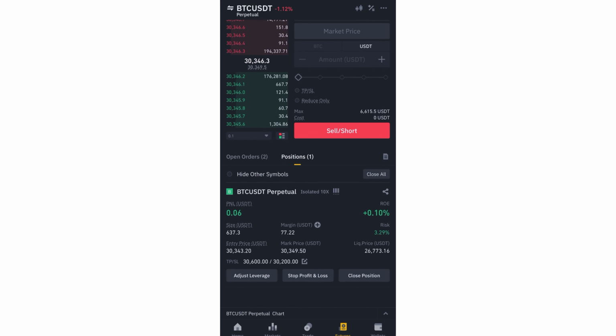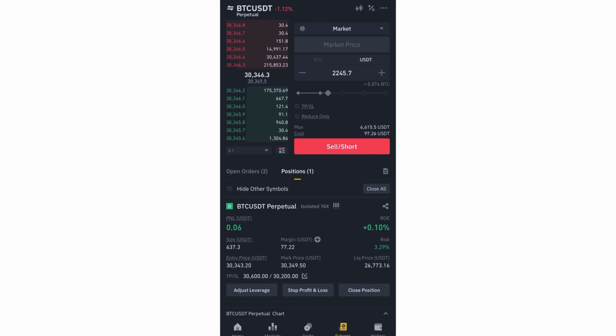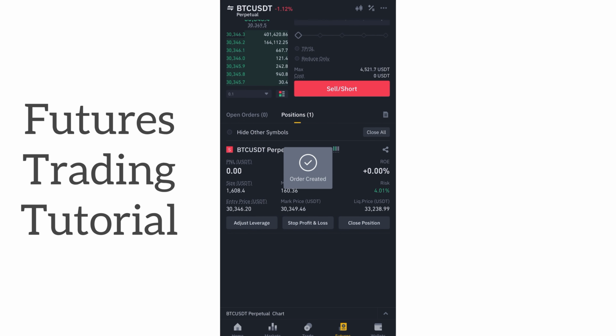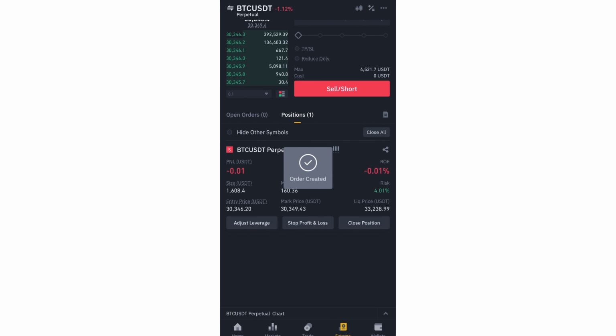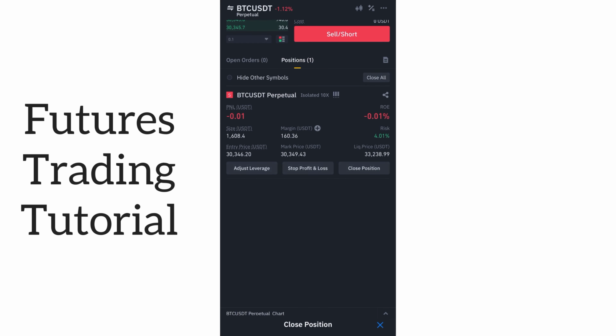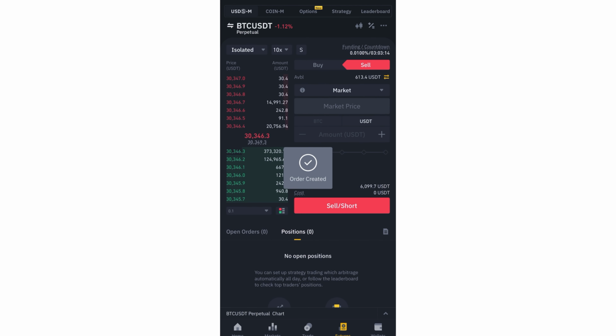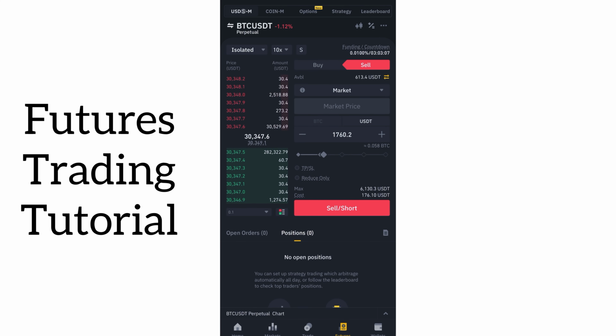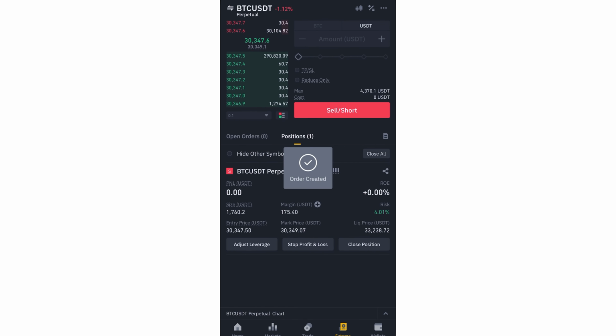So it seems this has not opened. Maybe I should just close this trade first. Okay, fine. So let's have a short trade. Just select the amount you want to use to enter that trade and click on sell short. You can see it has opened the position and is running at loss already.